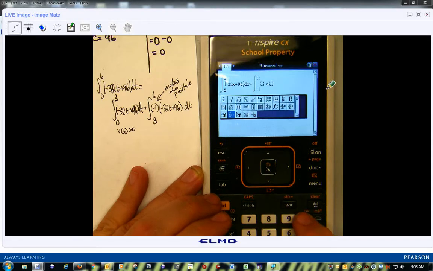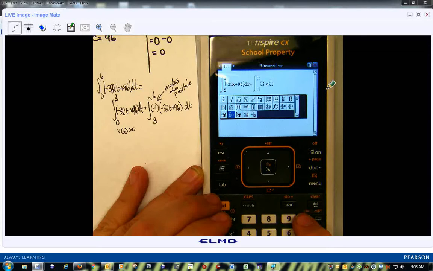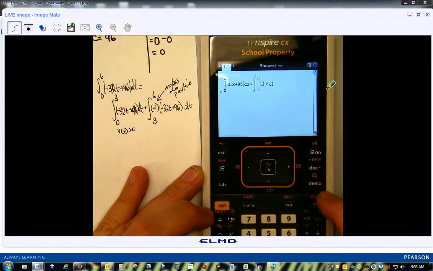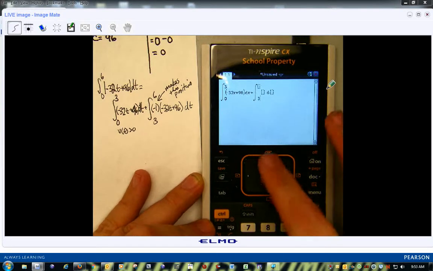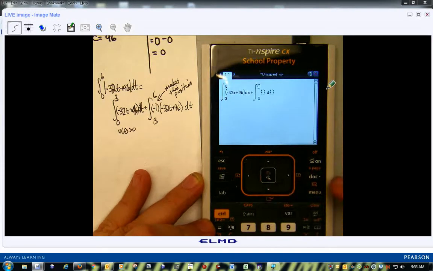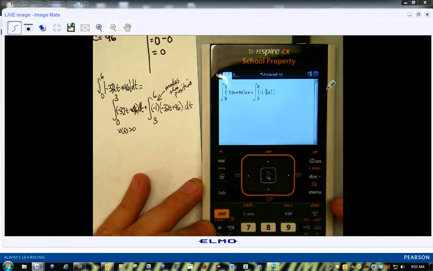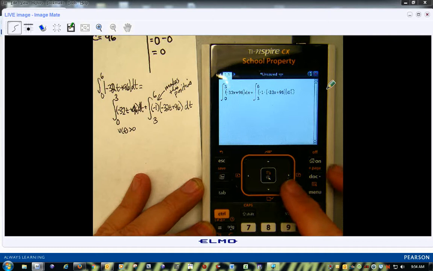So what are the limits for this guy? 3 to 6, because that's when the function's negative. So I need a negative 1 times, and now I'm going to type in negative 32x plus 96, and then close up my parentheses, and then put dx.